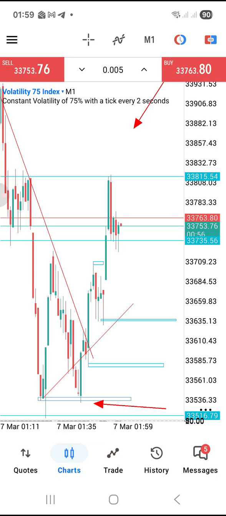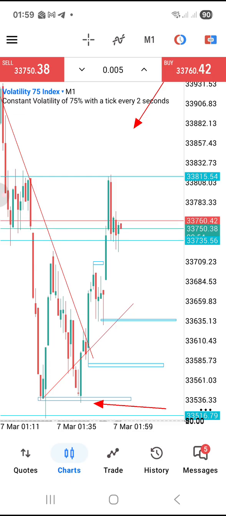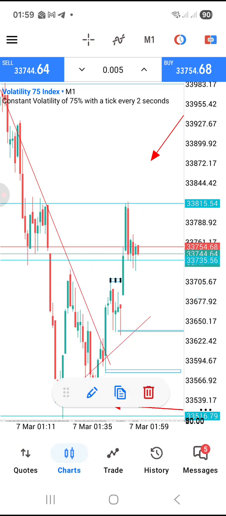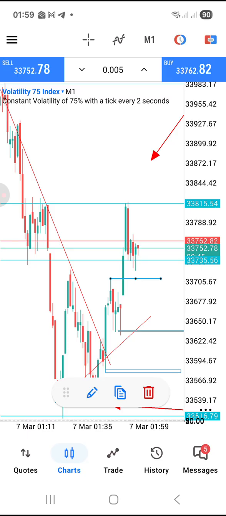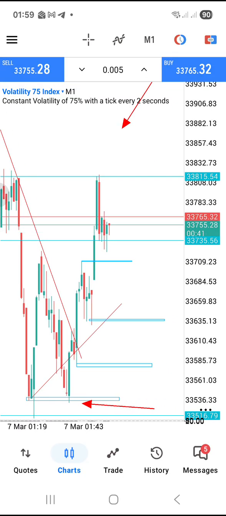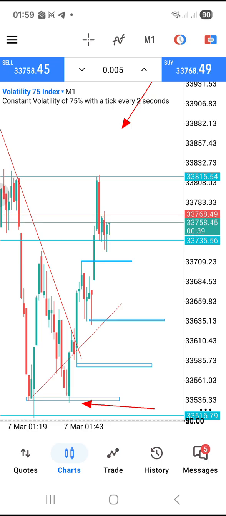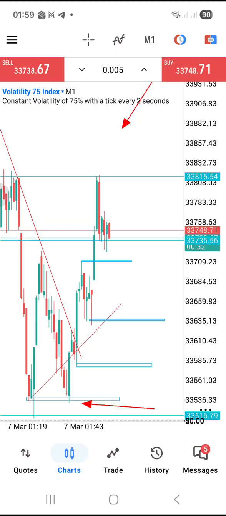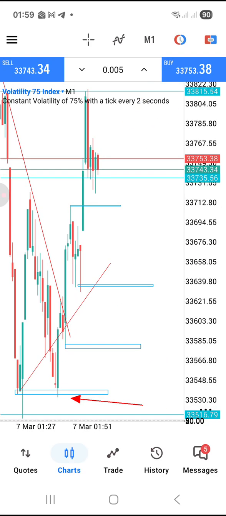Okay, we may be entering too early. If we go in now, we'll be entering too early. Let's see if we could still touch this level. It does. That's a good one. It doesn't. Take our buy.